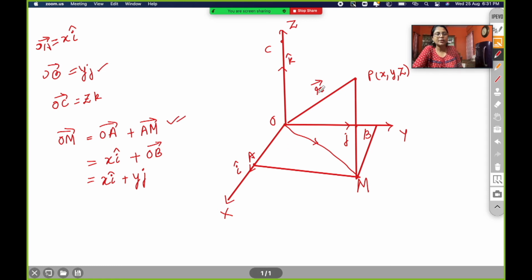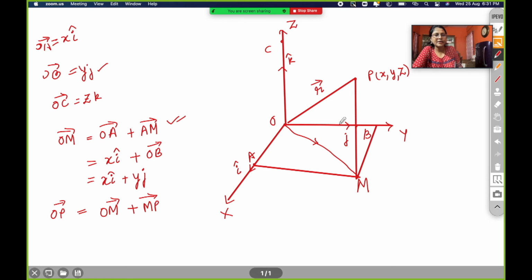Now for vector r, let us refer to triangle OMP. Vector r means vector OP. So vector OP equals vector OM plus vector MP.